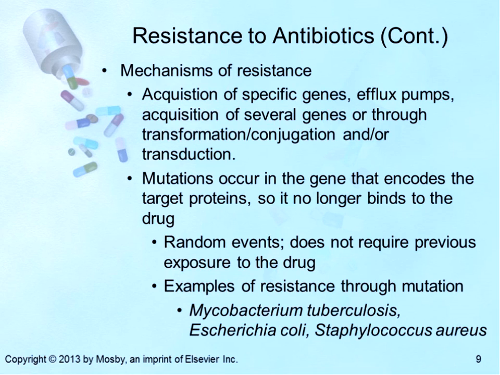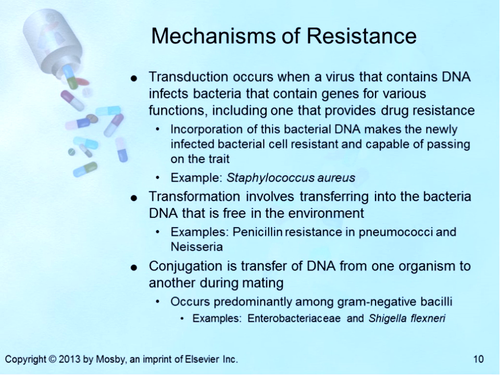It can occur in a single-step mutation that develops a high degree of resistance, or it may be seen in a several-step mutation in which each step exhibits a slight alteration in susceptibility. So over time, the antibiotics become less effective and more resistant. Examples of resistance through mutation include Mycobacterium tuberculosis, E. coli, and Staph aureus.